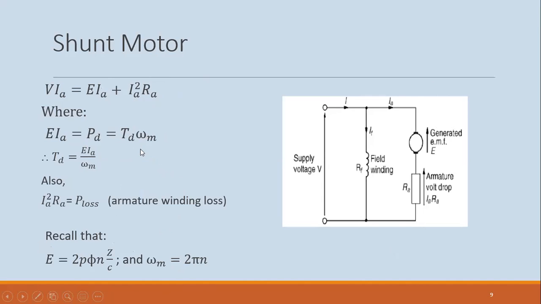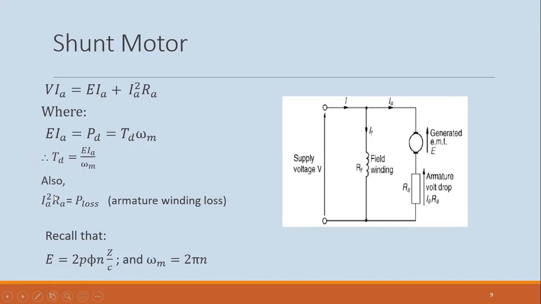So mechanical power developed is equal to the torque developed times the speed of the machine. So I can work out what the developed torque is by this relationship. Remember, torque is a rotational or turning force. So we want to know what is happening to get the machine turning.